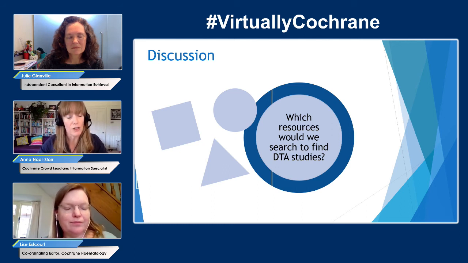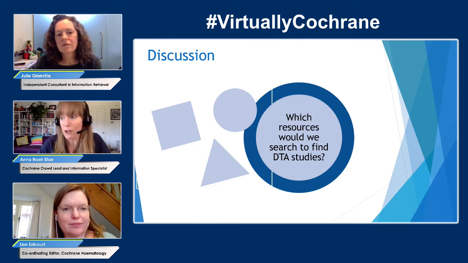My impression is that it might not have. So there is that question around the effort expended to keep searching sources that don't produce unique results. But yeah, I know that for intervention reviews, I think it is an important one to include.